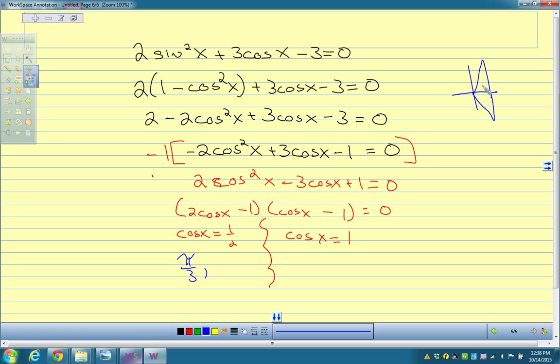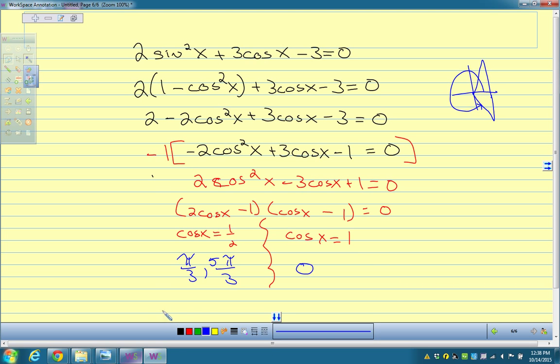What's that angle from here to here? 5 pi over 3, okay? Where is cosine equal to 1? Where's x equal to 1? 0, okay? So these are your three answers: pi over 3, 5 pi over 3, 0. And if they ask you for all solutions, you'd add 2 pi n to that.